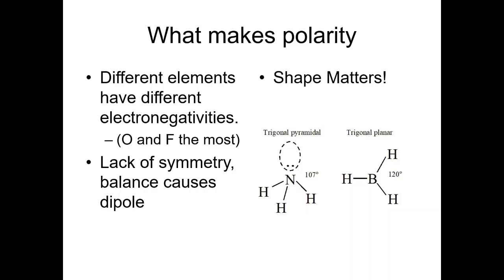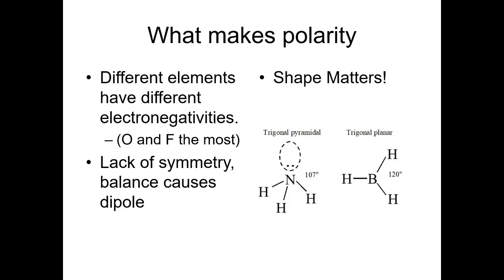On the left-hand side, we have an ammonia molecule, NH3, and ammonia has a lone pair. You see the oval with the two dots, that's the pair of electrons attached just to the nitrogen, and that's very negatively charged. The other side of the molecule where the hydrogens are is more positively charged, and that points down. Okay, so the top part and the bottom part don't look alike, so we have a polar molecule.